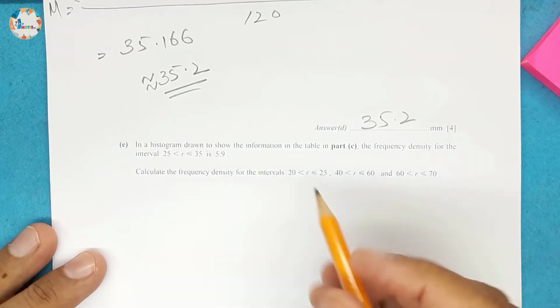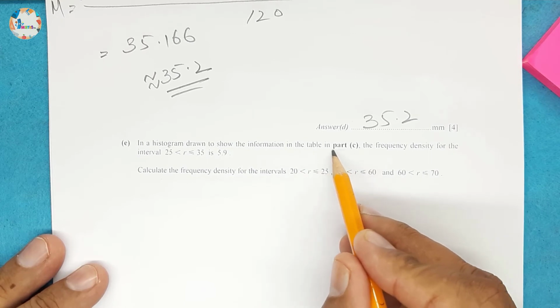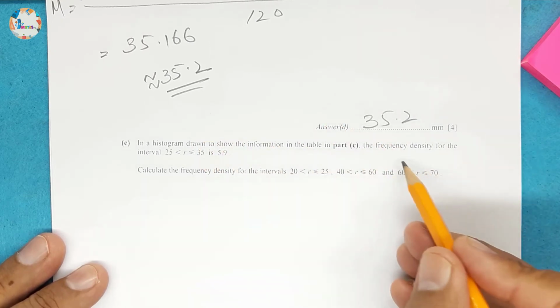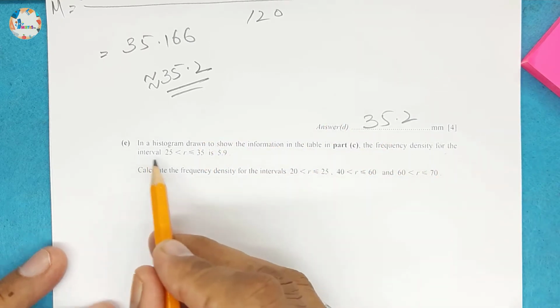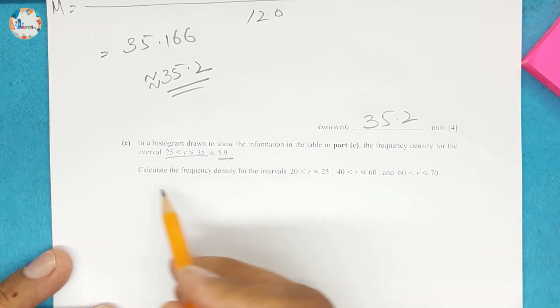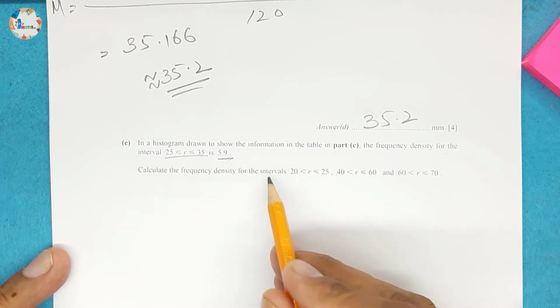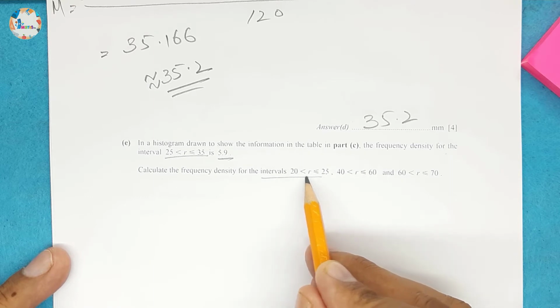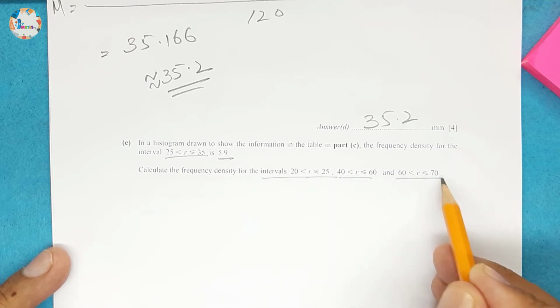In a histogram drawn to show the information in the table in part C, the frequency density for the interval is 5.9. Calculate the frequency density for these intervals.